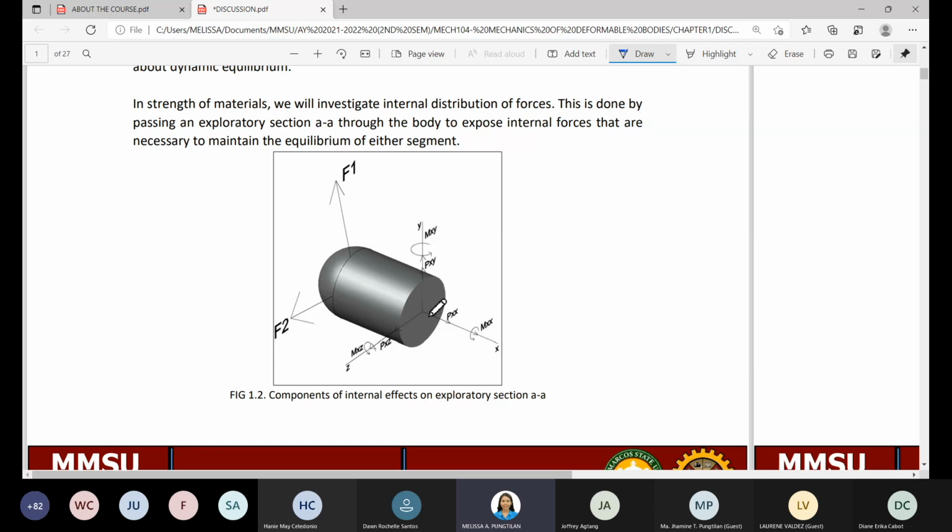I think or I assume na pag-aralan nyo na rin yung pagkuha ng centroid ng mga different shapes. Okay? So, yung mga couples or tinatawag nating moments and then the forces are acting on the centroid mismo, or yung reference nila is on the centroid. So, we have here forces and couples that is acting perpendicularly and tangentially to our body.